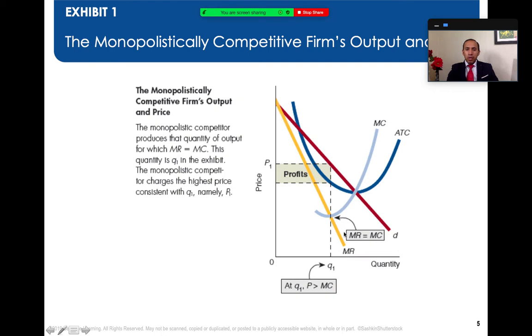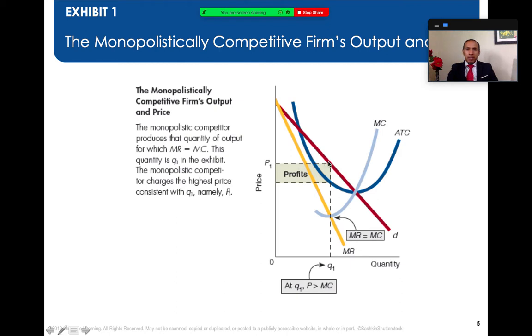So this yellow downward sloping line is marginal revenue. Where it crosses, or is equal to, the marginal cost curve, right at this point, it looks like an X with a slight hook, the firm is going to produce a quantity. Since it has the ability to influence the price based on consumer demand, the monopolistic firm is going to set a price, price 1.